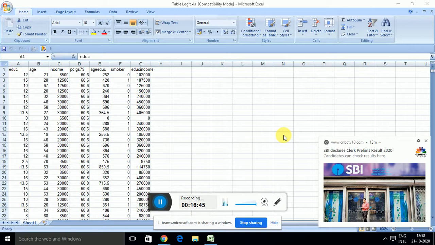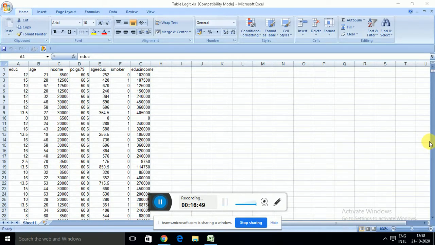Now what was missing in the discussion so far is that we did not discuss how we are going to proceed if my dependent variable is qualitative in nature. So here I have the data in front of you.